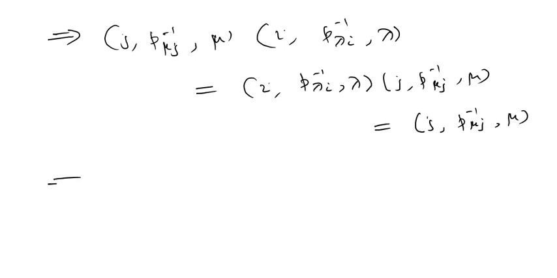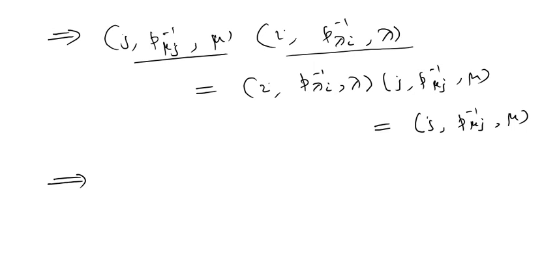So this implies, let's see this product here. Okay, let's see this I, or you can see this it's here J. Let's do both the products here.